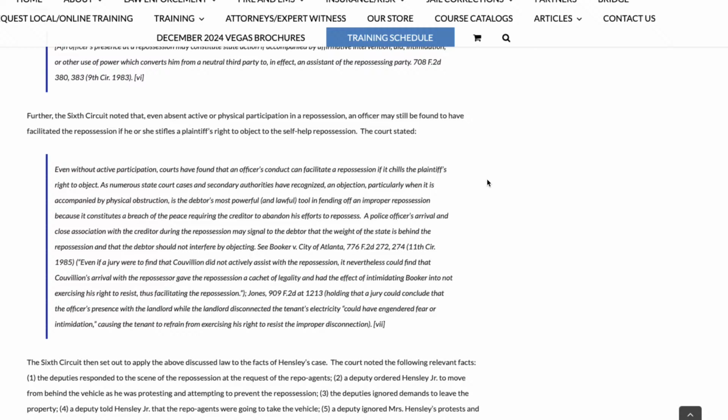A police officer's arrival and close association with the creditor during the repossession may signal to the debtor that the weight of the state is behind the repossession and that the debtor should not interfere by objecting. Even if a jury were to find that Calvillian did not actively assist the repossession, it nevertheless could find that Calvillian's arrival with the repossessor gave the repossession a cachet of legality and had the effect of intimidating Booker into not exercising his right to resist, thus facilitating repossession.